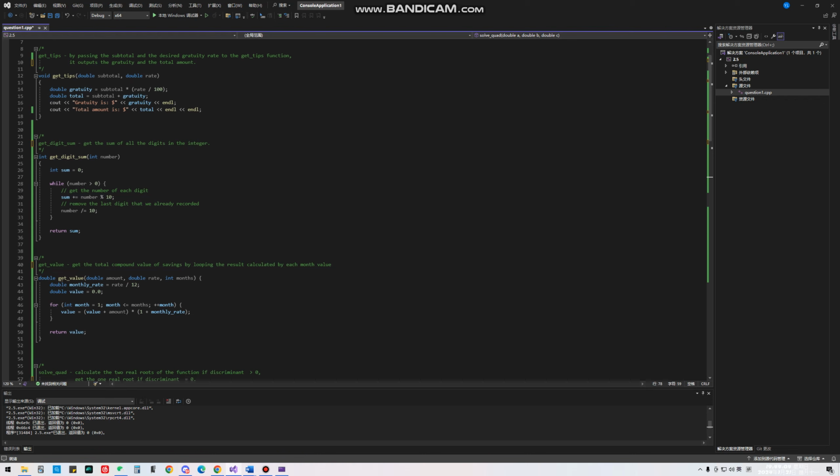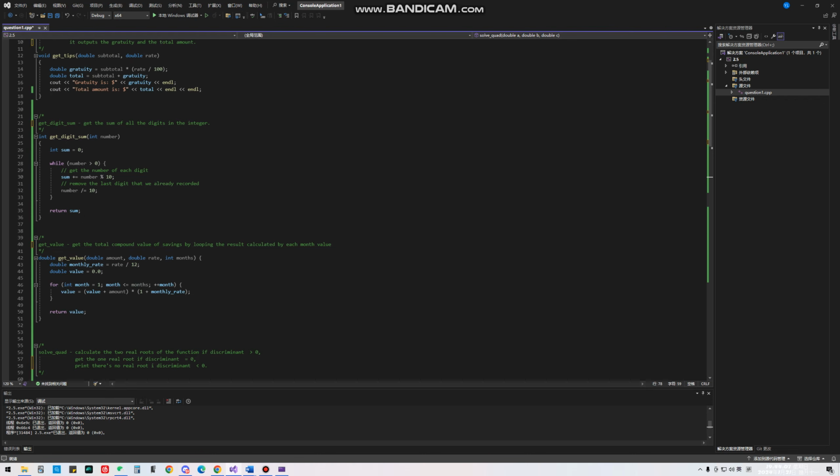In the second question, we want to get the sum of all the digits of an integer. So here I have this while loop. Each time, we can get the last digit of this number, and we add it to the sum.